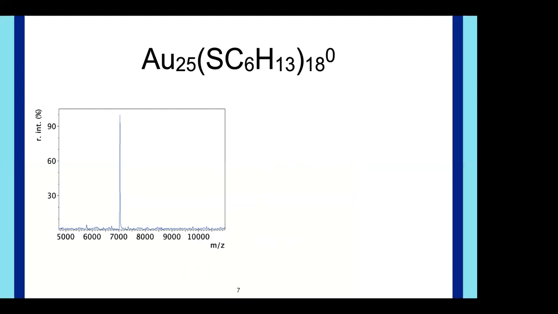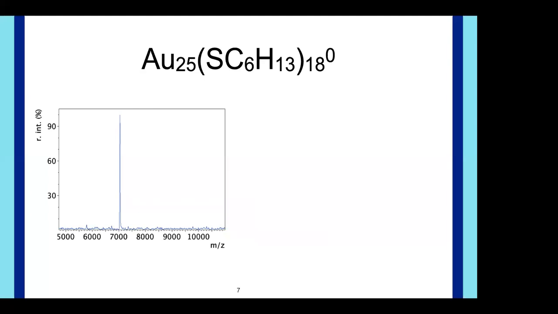So, like I said, we were using gold 25 hexane thiolate 18 in the zero charge state. On the left here, we have the MALDI mass spectrometry of this cluster showing the purity of the material that we used for these measurements.